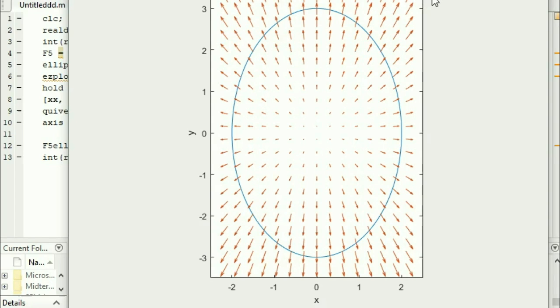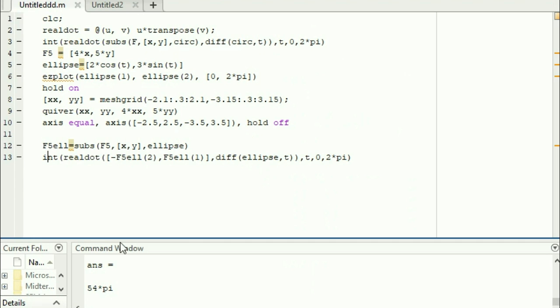From the figure, we can clearly see that the arrows point outwards of the ellipse, which is why we expect a positive answer, that is 54 pi.